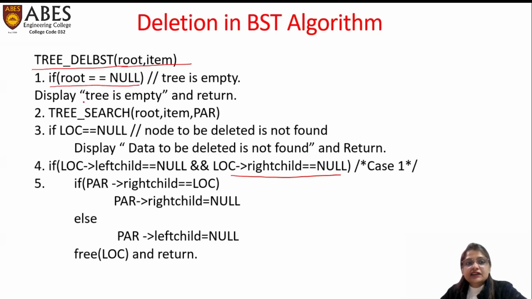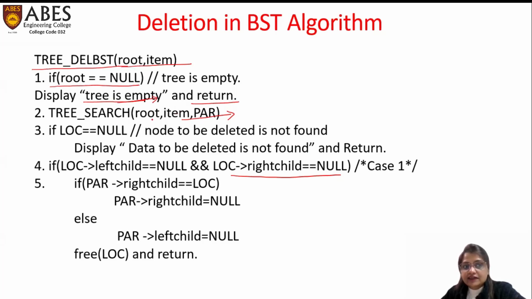It means the tree is empty and we cannot delete any value. If the node exists, then we have to find out the position or the location where that item lies.